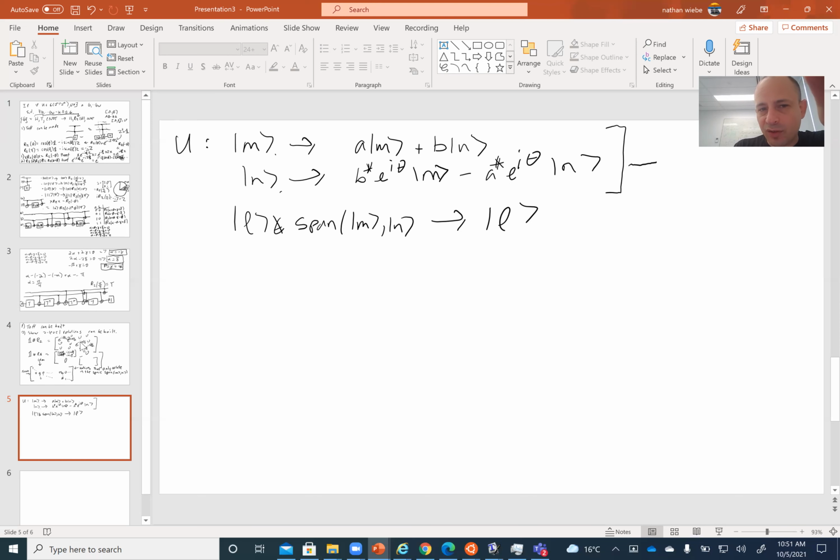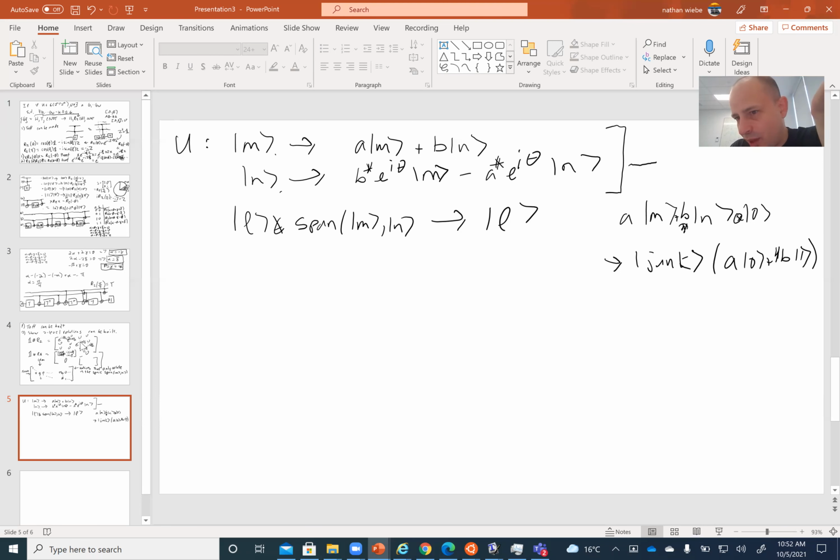So instead, we're going to want to map M and N, or I guess we're going to want to do AM plus BN for some arbitrary A and B. And we're going to want to map this tensor 0 to a state of the form junk over here tensor with A0 plus B1.